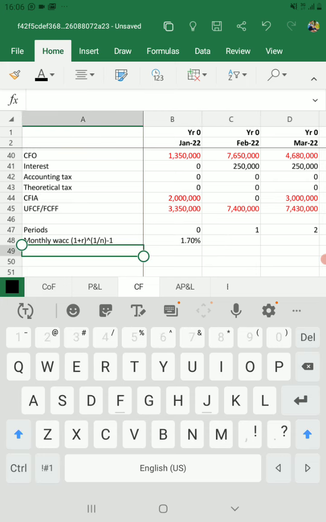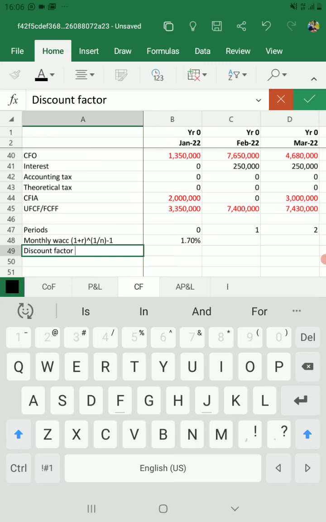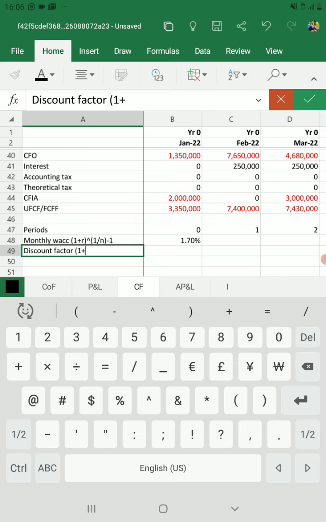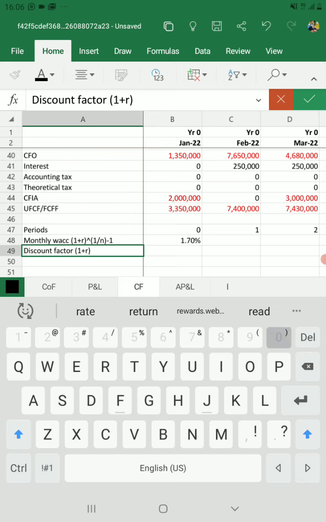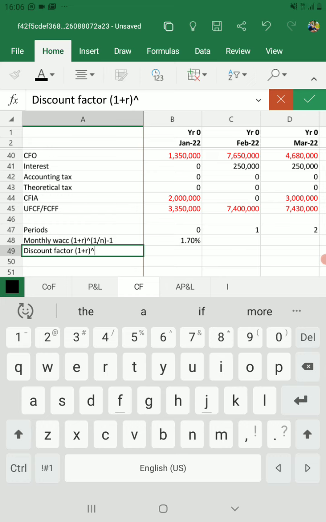And now we establish our discount factor for cash flows, which is 1 plus R, periodic rate, close the bracket, then raise to power n, the period in question.